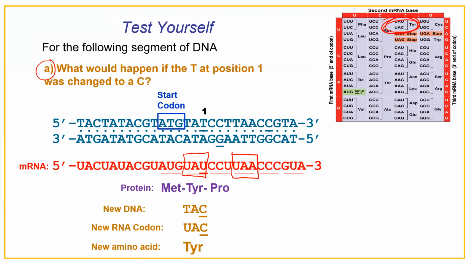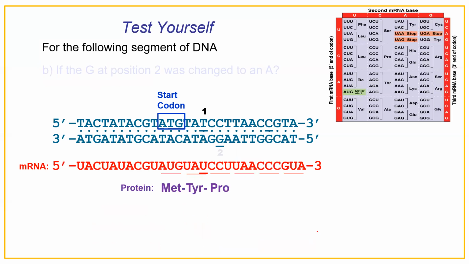My new amino acid is also tyrosine. So to fully answer the question, I would say that this is a silent mutation, because even though I have a new codon, I have the same amino acid. Make sure you use this terminology, because when I ask those kind of questions, what would happen, I want to see you use the terminology that we're learning in the class.